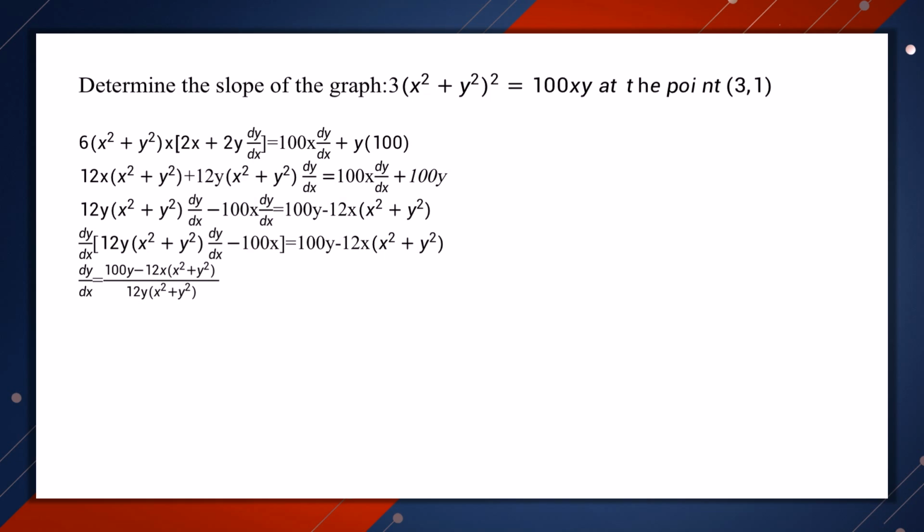The answer is dy over dx equal to 100y minus 12x times x squared plus y squared over 12y times x squared plus y squared minus 100x.